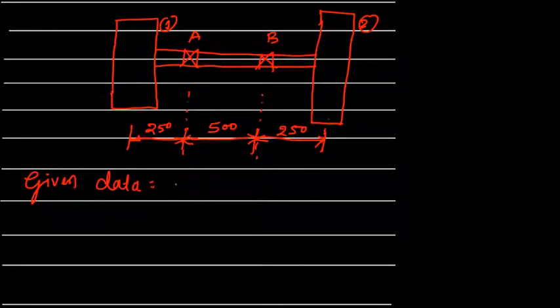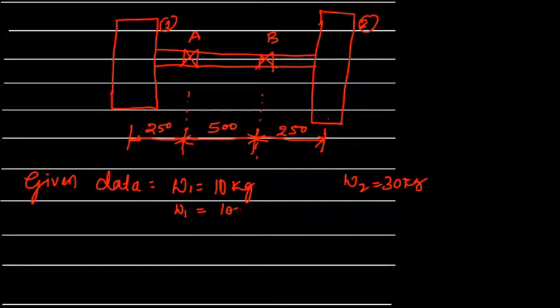The weight of pulley 1 is given, it's 10 kg, and the weight of pulley 2 is 30 kg. Assuming acceleration due to gravity equal to 10, let us find W1 equal to 100 Newton, W2 equal to 300 Newton.